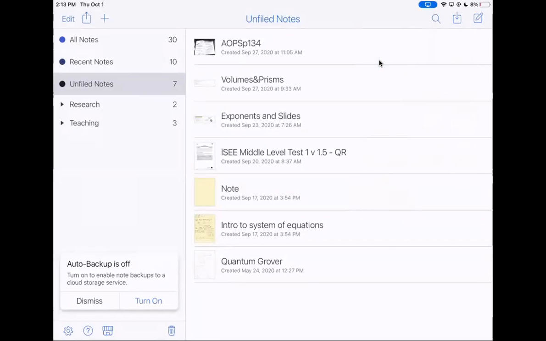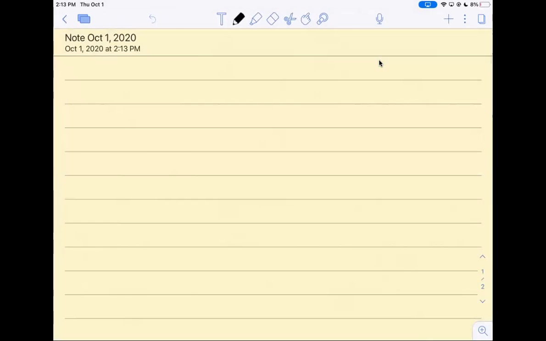Okay. So today's lesson is solving 2 by 2 systems of equations.